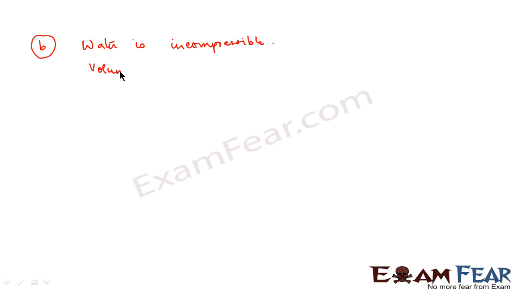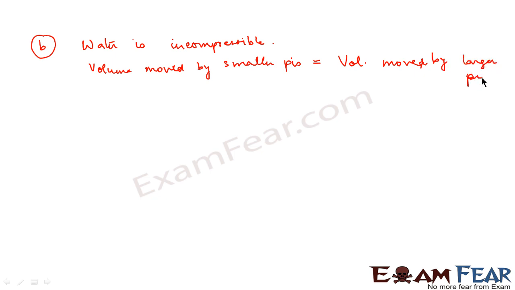That means volume moved by smaller piston will be equal to volume moved by larger piston, right? So this volume is moved inwards, and this volume is moved outwards, right?